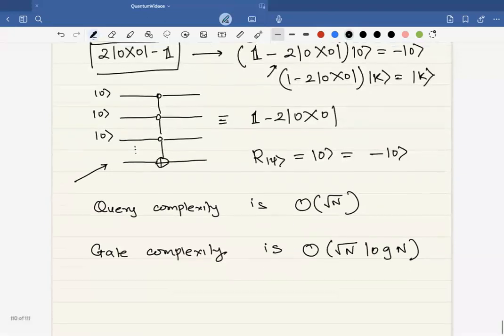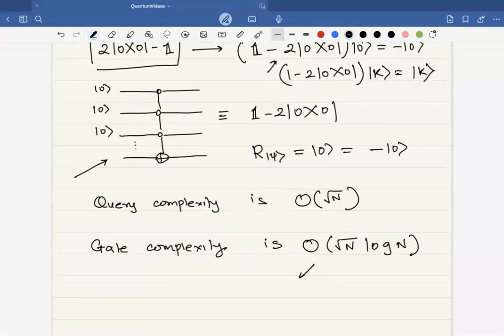In fact, one can further reduce this complexity to order of square root of n log star n. And this is an extremely slowly growing function. So effectively, even for very, very large values of n, we can build a Grover circuit with almost order square root of n number of gates.